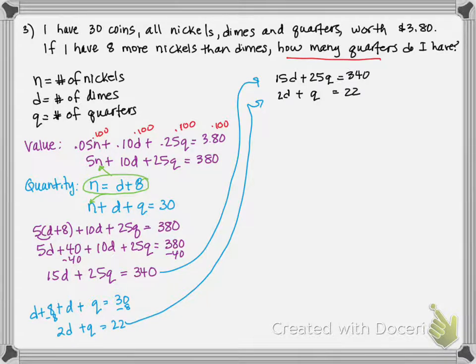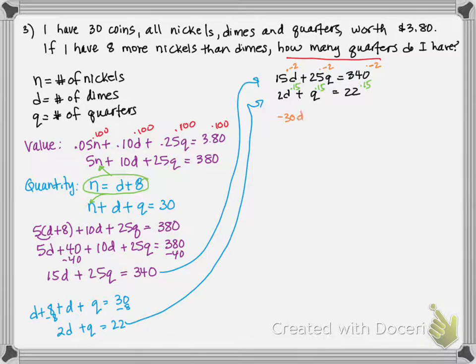We talked about how to do that before. I'm going to multiply the top equation by negative 2 because my coefficients are the same and I need them to be different. And then I'm going to multiply the bottom equation by 15. That's going to get my D's to have the same coefficient, opposite signs.